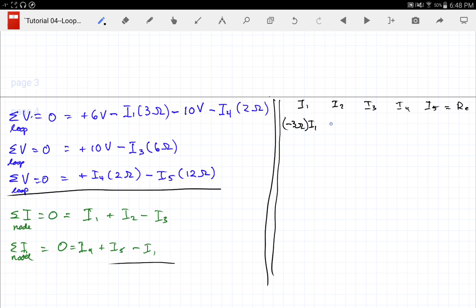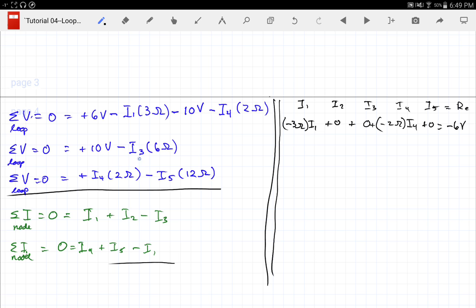There was no current 2, so I'm just going to put a plus 0. There was no current 3, so I'm going to put a plus 0. Current 4 was minus 2 ohms. I'm going to put a plus parenthesis minus 2 ohms, current 4. There's no current 5. And that's equal to, because it's equal, I have to move the 6 volts to the other side by subtracting, so minus 6 volts.